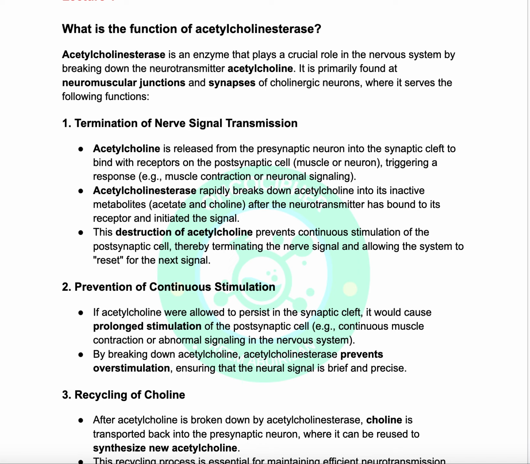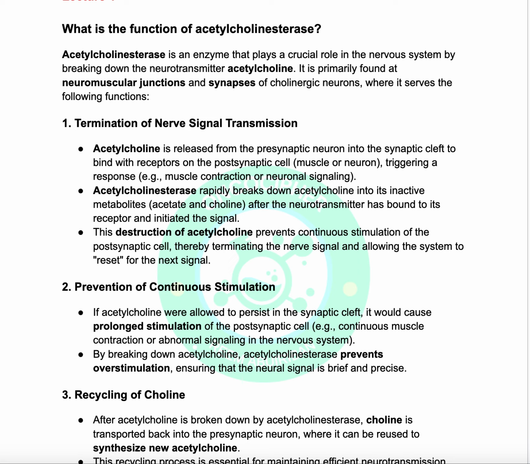Then the acetylcholine esterase, which is the enzyme that we are talking about, rapidly breaks down the acetylcholine into its inactive metabolites, which are known as acetate and choline, after the neurotransmitter has bound to its receptor and initiated the signal. So once acetylcholine binds to the receptor and the signal is initiated, the acetylcholine esterase comes in rapidly and breaks down the active acetylcholine into the inactive metabolites acetate and choline.